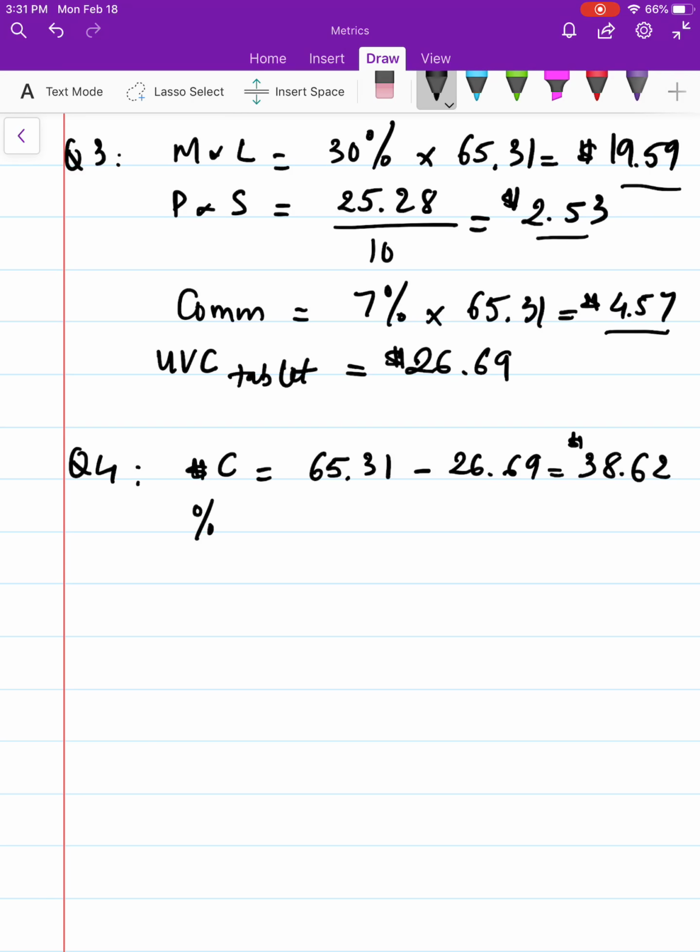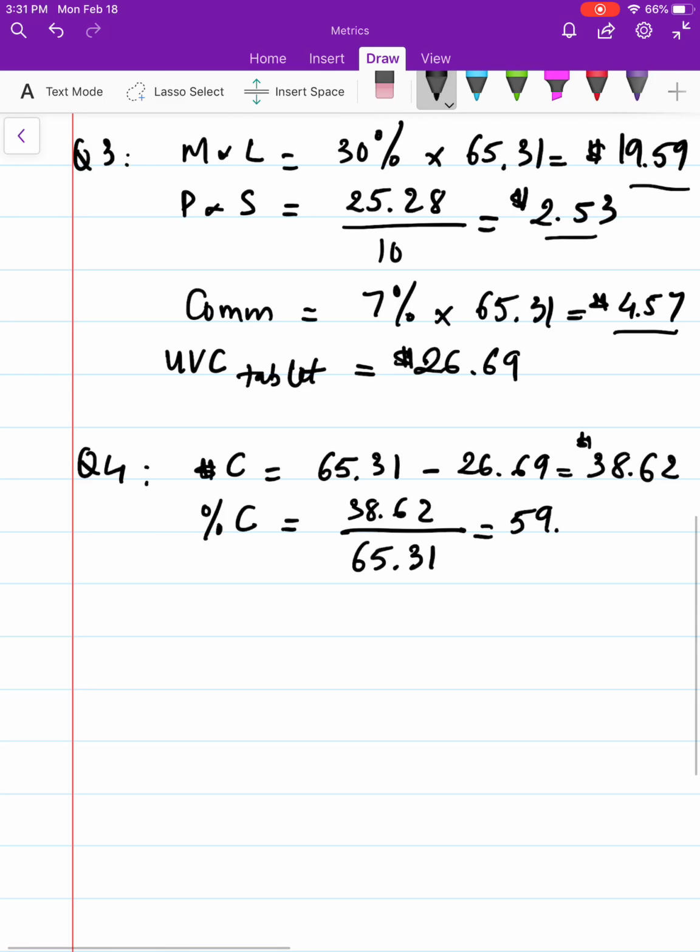The percentage contribution is equal to the dollar contribution divided by the unit selling price, equal to 59.13%.